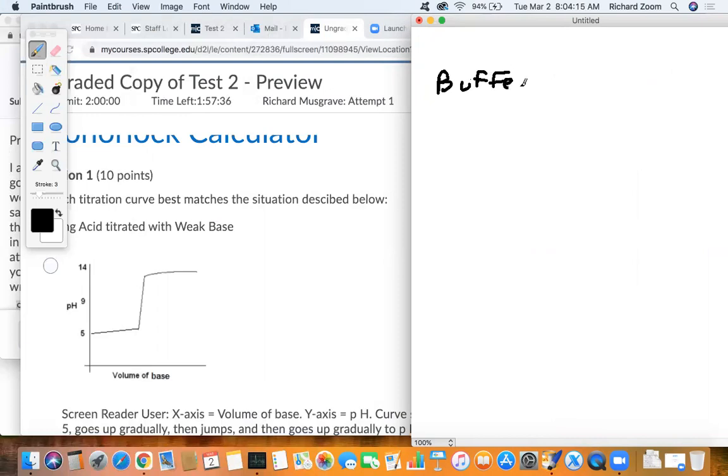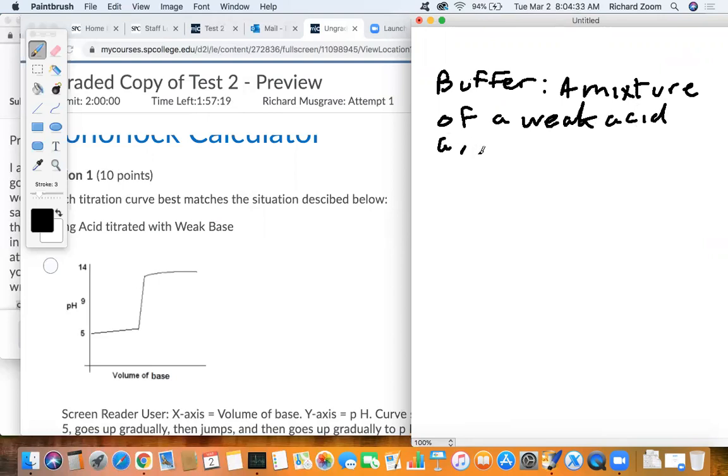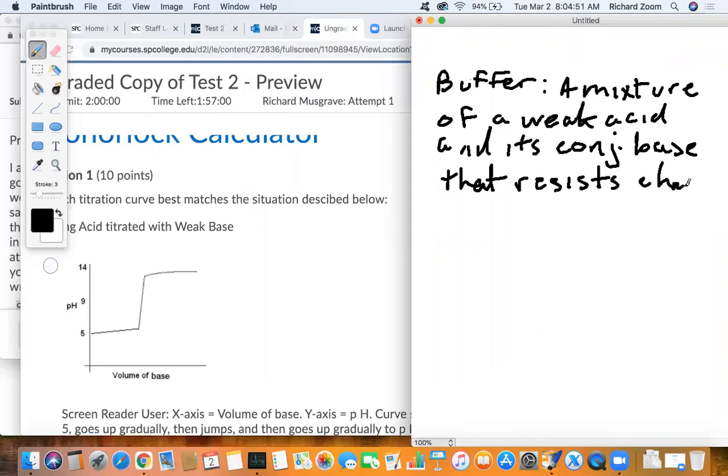So we get buffers. The definition of a buffer is a mixture of a weak acid and its conjugate base that resists changes in pH on addition of strong acid or base.